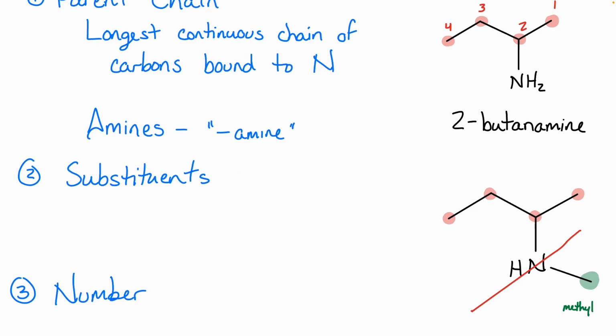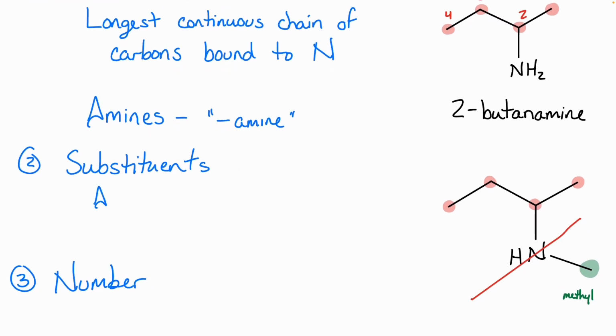For our substituent, we'll call it our amine substituent. It doesn't get any sort of a fancy ending on it. We're just going to name it as an alkyl group, right? So in this case, it was just a methyl group.